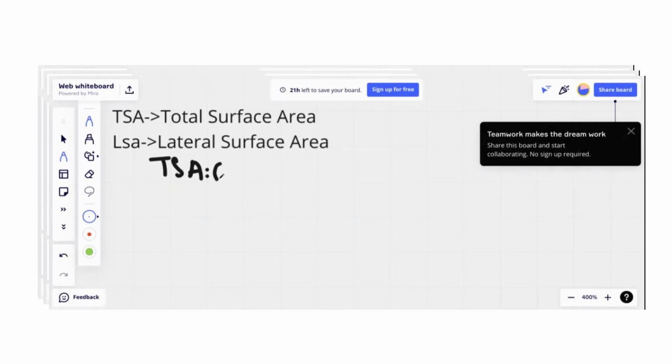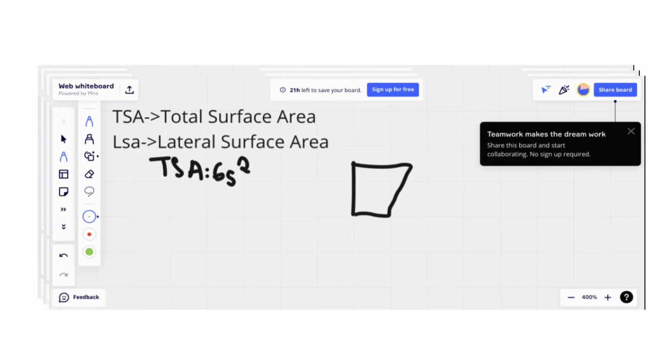So the TSA of a cube is 6s squared. Now I'll tell you why it's 6s squared. A cube consists of squares, right?